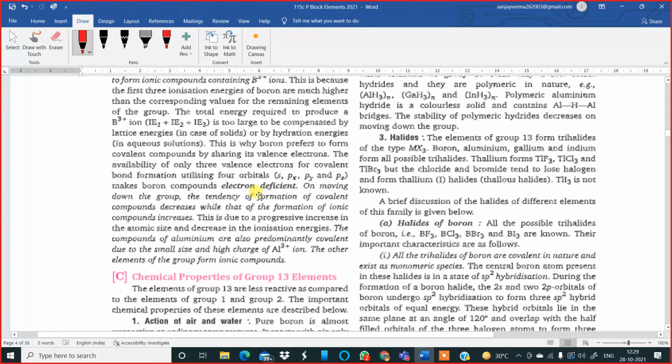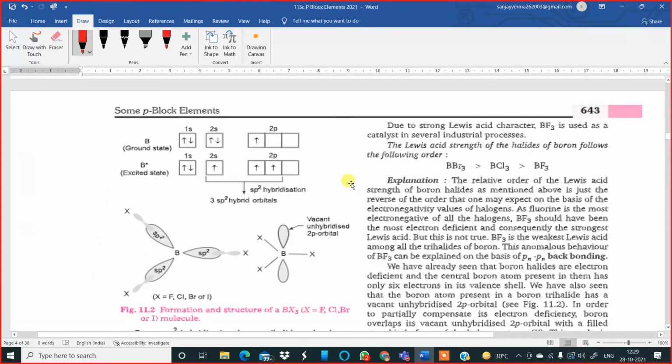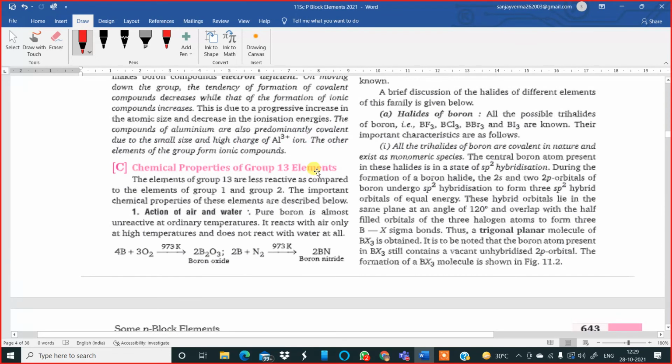Then coming to the chemical properties of these elements, on page number 642, chemical properties of group 13 elements. Here you try to go through these reactions, the action of air and water on these elements. Boron reacts with oxygen to form boron oxide.